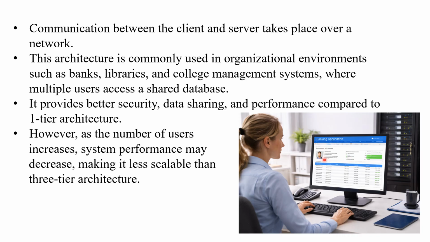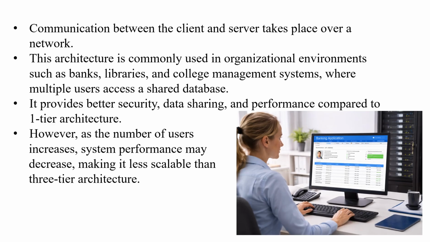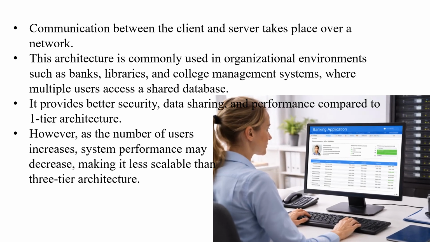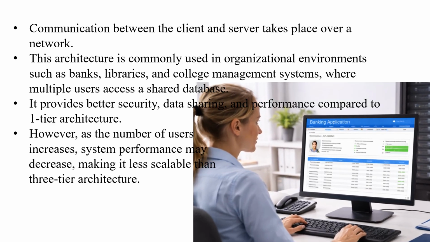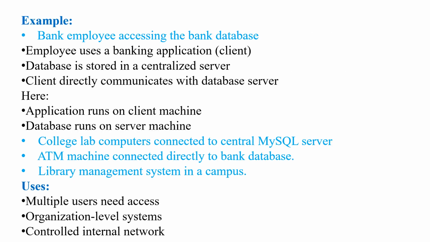So if you can see here, the example of a banking application. So let us discuss the banking application in two-tier architecture. The bank employee accessing the bank database is the best example where the employee uses a banking application, that is a client system, and the database is stored in a centralized server.